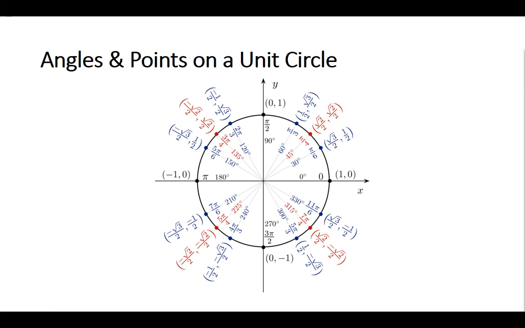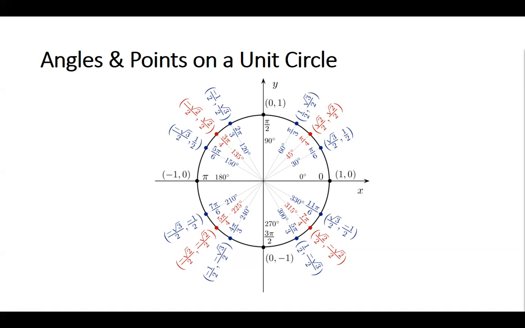But I know that 360 degrees is 2 pi radians, which means that 180 degrees, which is half of 360, has to be pi radians, which means 90 degrees has to be half of pi, or pi over 2 radians. And 45 degrees has to be pi over 4, half of pi over 2, right? So I can do that.